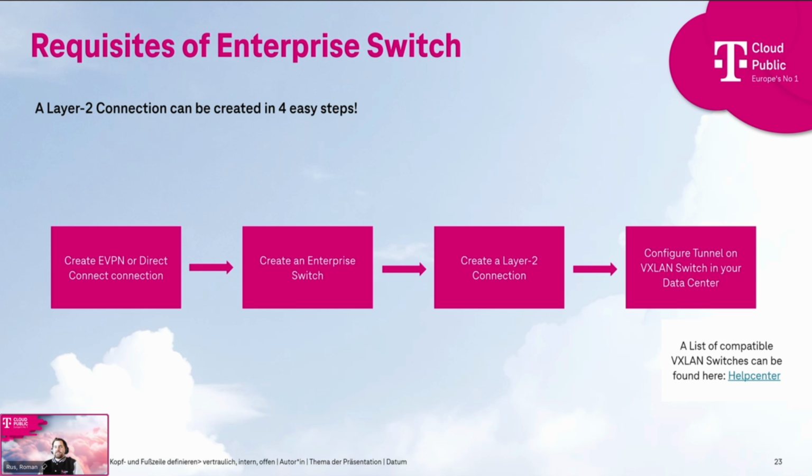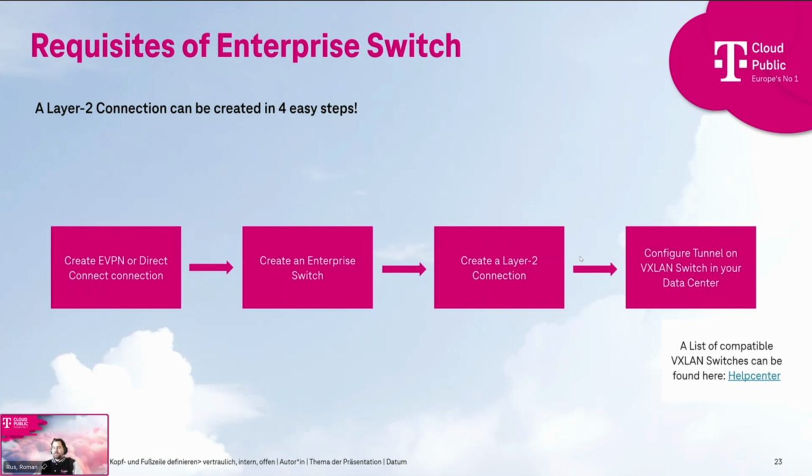Requisites of the Enterprise Switch. So the Enterprise Switch can basically be created in 4 easy steps. So first you have to create an enterprise VPN or direct connect connection. Then you have to create the Enterprise Switch, and then you will configure a layer 2 connection. Until this step, to create the layer 2 connection, you will stay on OTC.